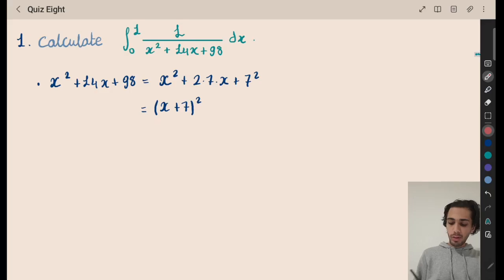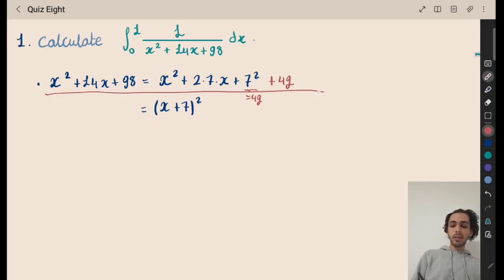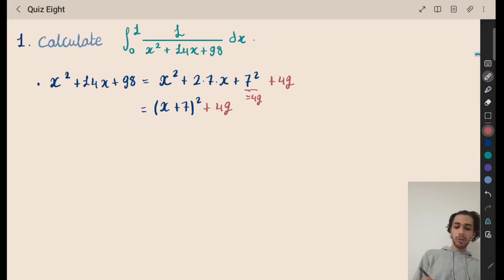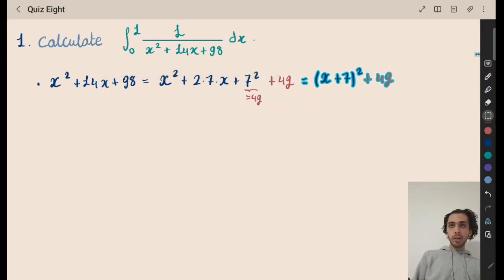Well, almost, because 7 squared is 49, and so I'm actually missing another 49. So 49 plus 49 is 98, and in this case, these two expressions are equivalent. So this is nice, but I still need to add a 49. I hope that's okay. Remember, we're just investigating, trying to do something.